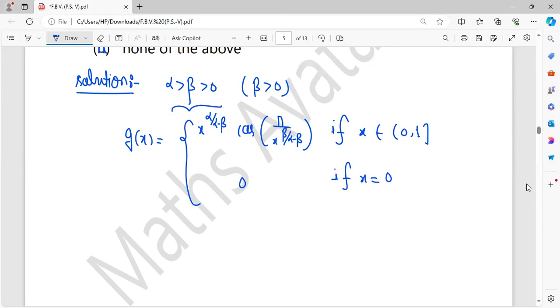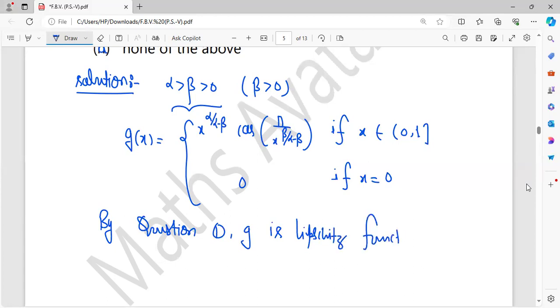By the first question, g is a Lipschitz function, because g(x) is the same as the given f in question number 1.